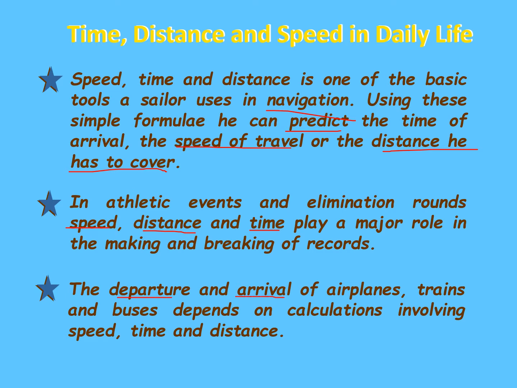How did they know that? Because they use the formula of speed, time, and distance to calculate your departure and arrival time. So these are examples of speed, distance, and time in our daily life.